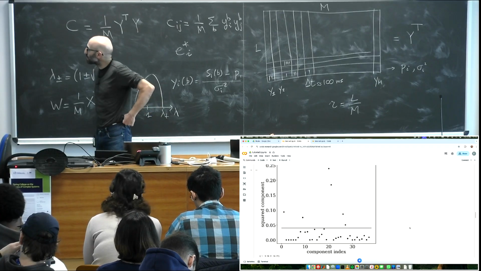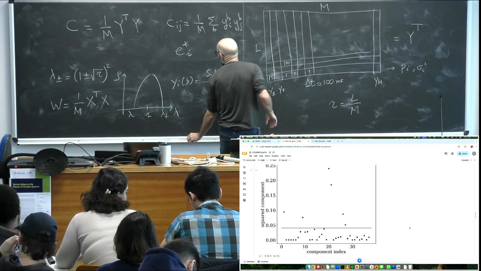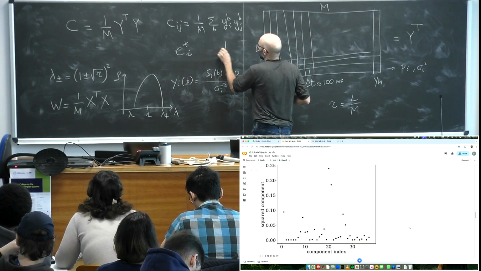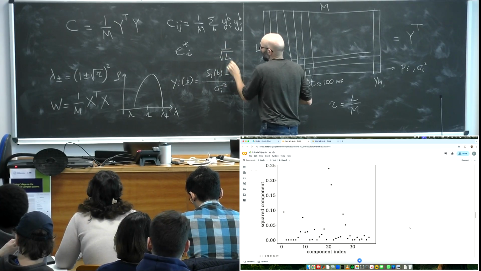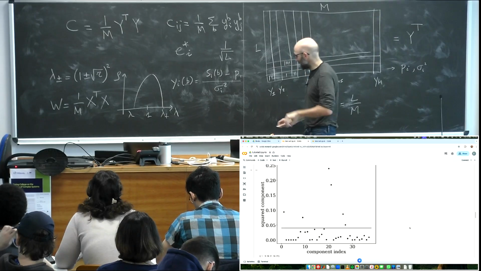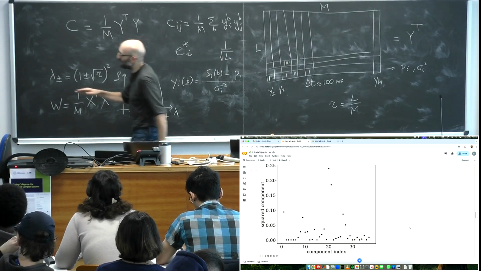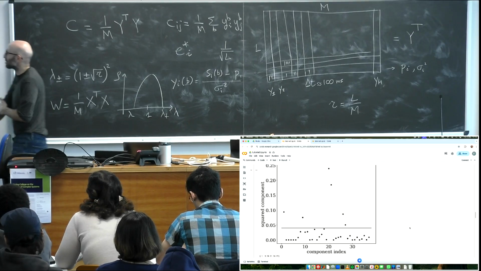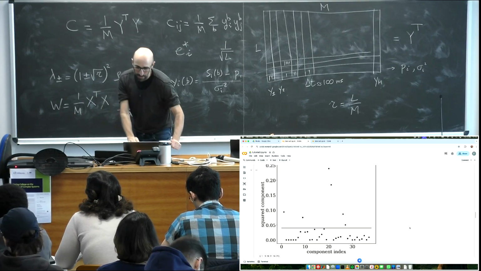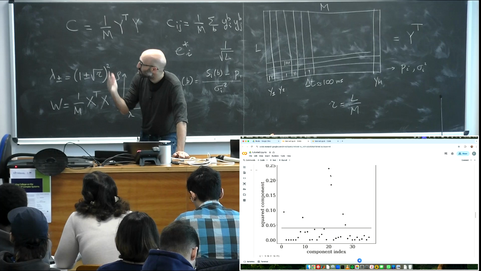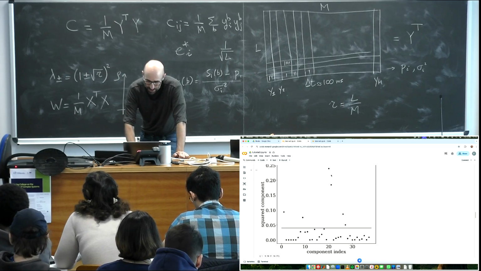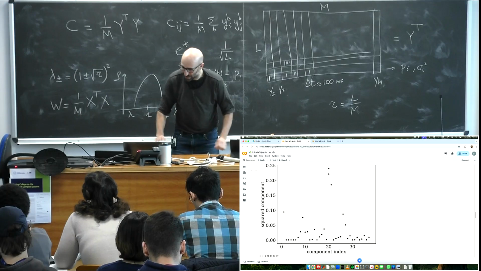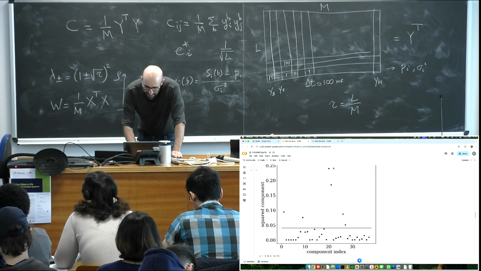Now, if the vector was completely random, because it's a unit vector, you should expect 1 over square root of L. So the horizontal line here is 1 over square root of L. And this is what you would have if it was a random vector. So what you see is that there are some neurons that are much more represented in the principal component. In particular, these two, neurons 21 and 22, I think, are very well represented.